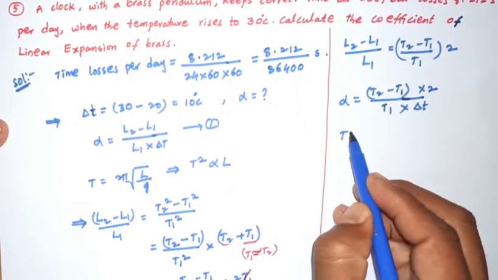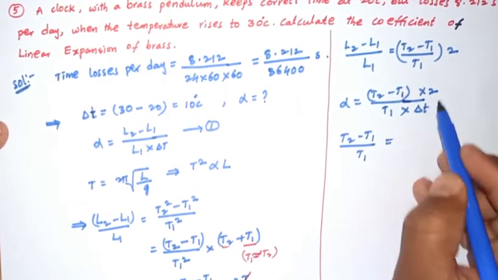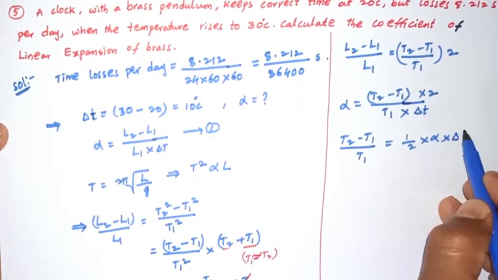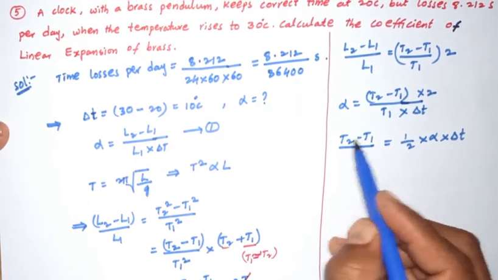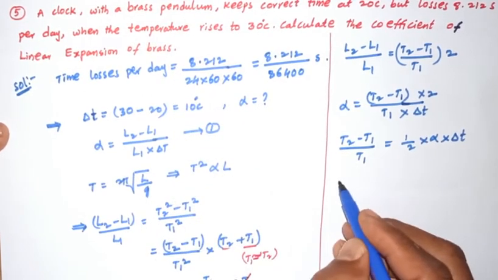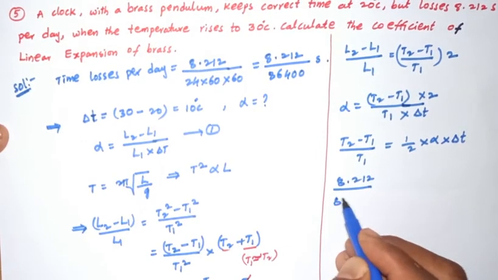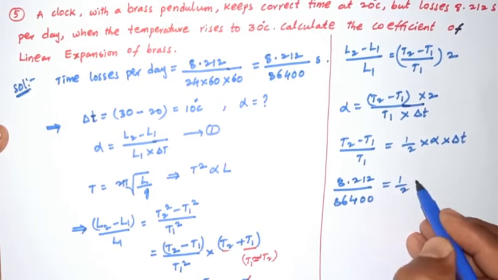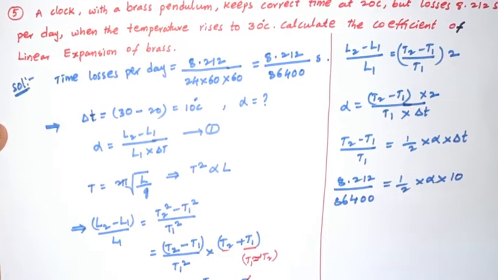From here, (T2 minus T1) by T1 equals 1 by 2 into alpha into delta T. The change in time loss per day is 8.212 divided by 86,400, equals 1 by 2 into alpha into delta T, which is 10.